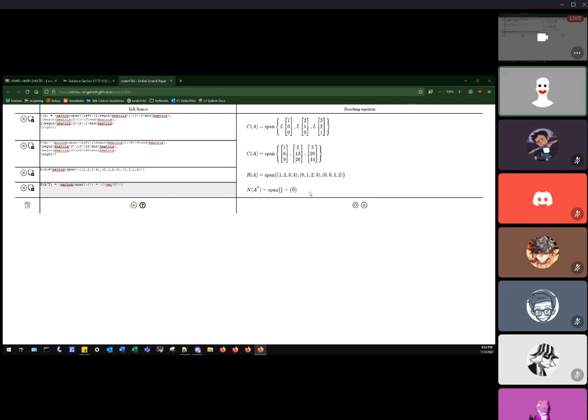Wait, so what combination? If I had 0 of the first row, 1 of the second row, -2 of the second row, that would be equal to negative the last. I'm saying row. I hate this.